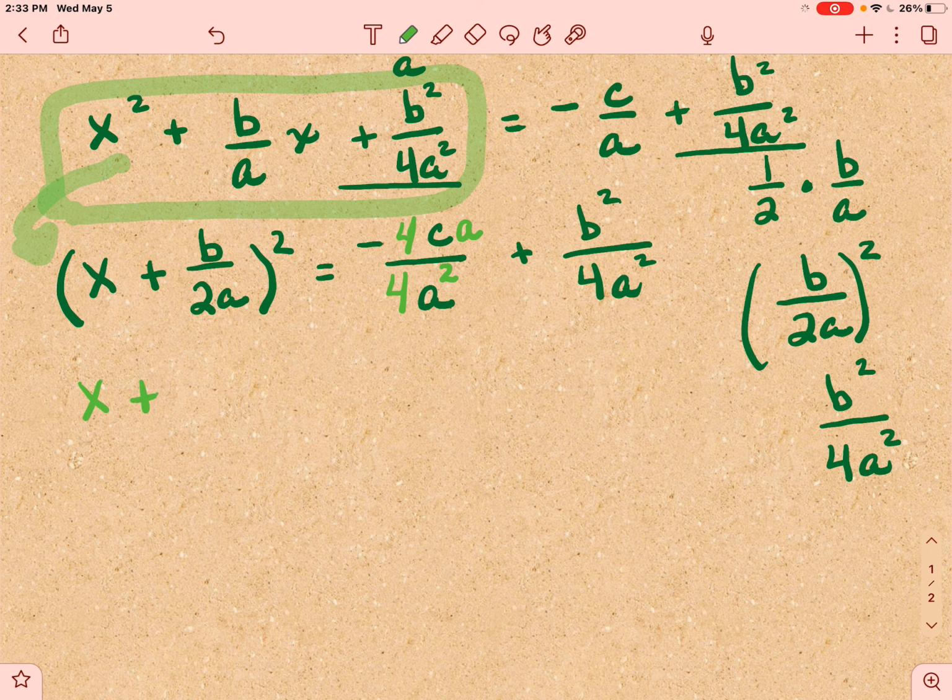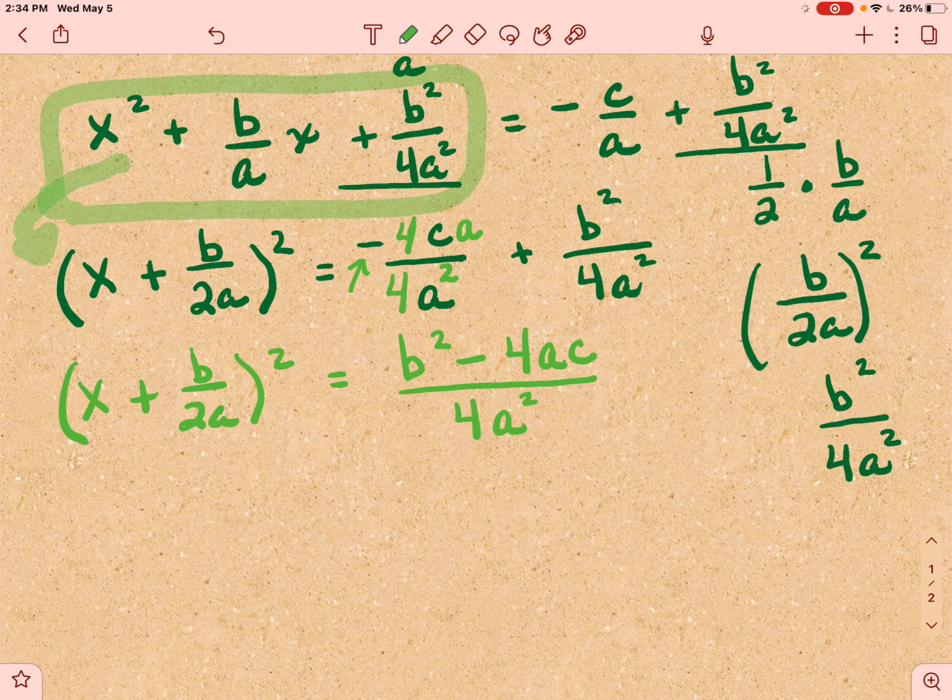x plus b over 2a, squared, equals, and then since we have this minus right here, let's just tidy this up by writing b squared minus 4, put this in alphabetical order, ac over our common denominator, 4a squared.